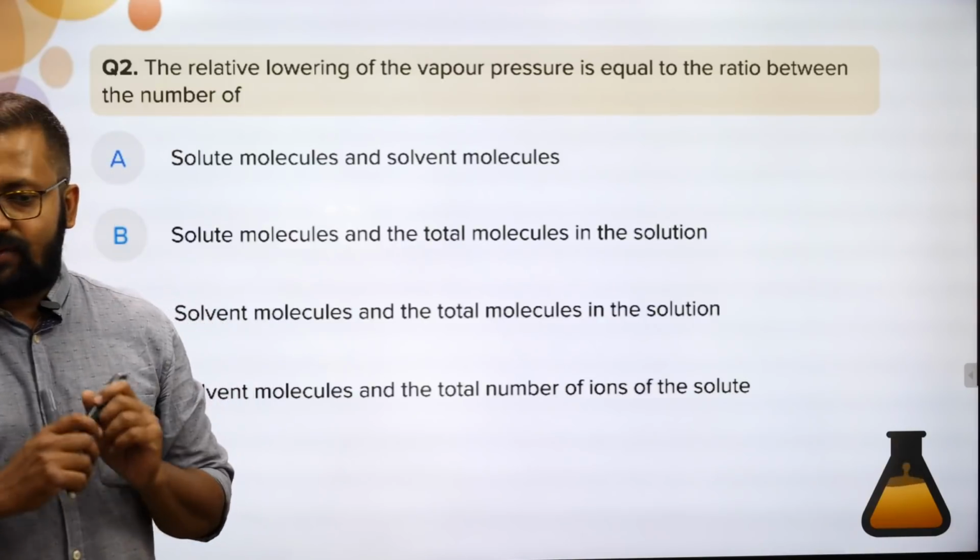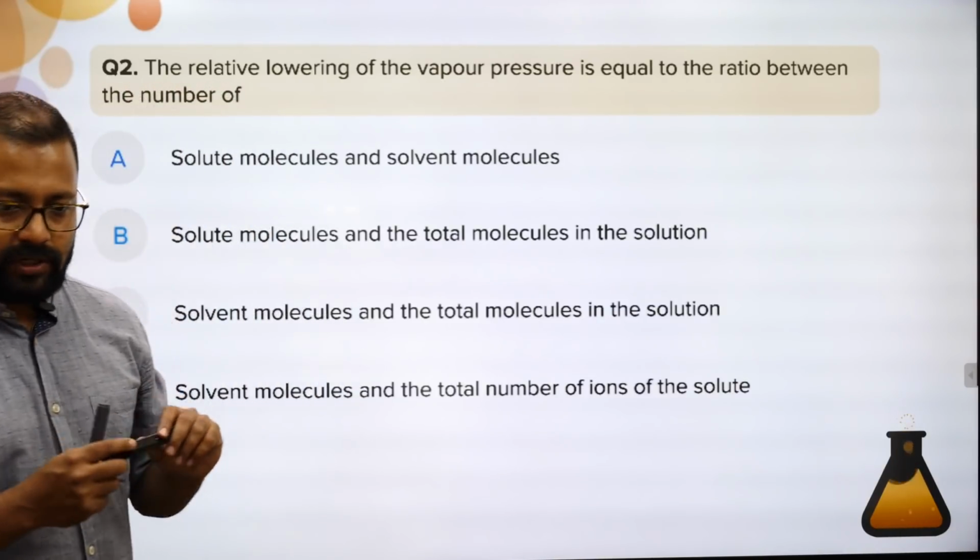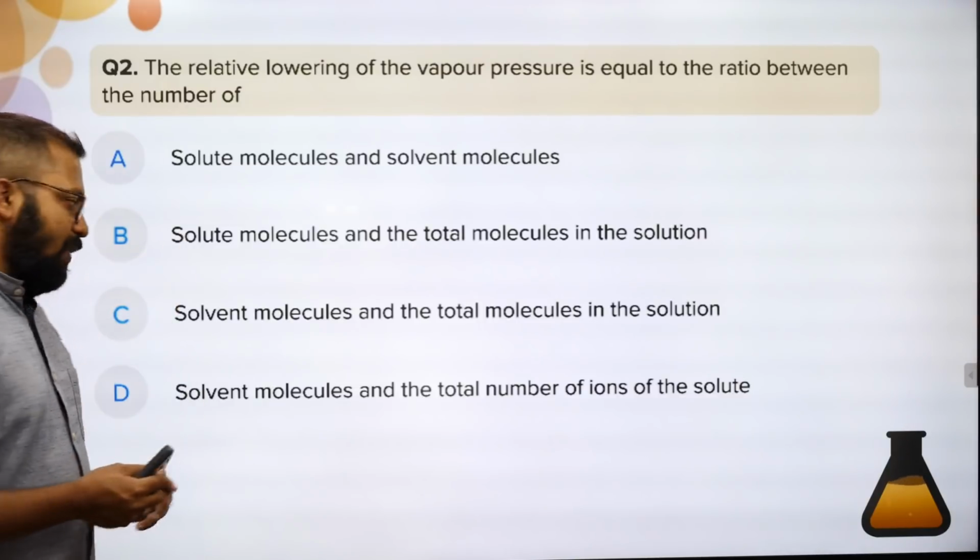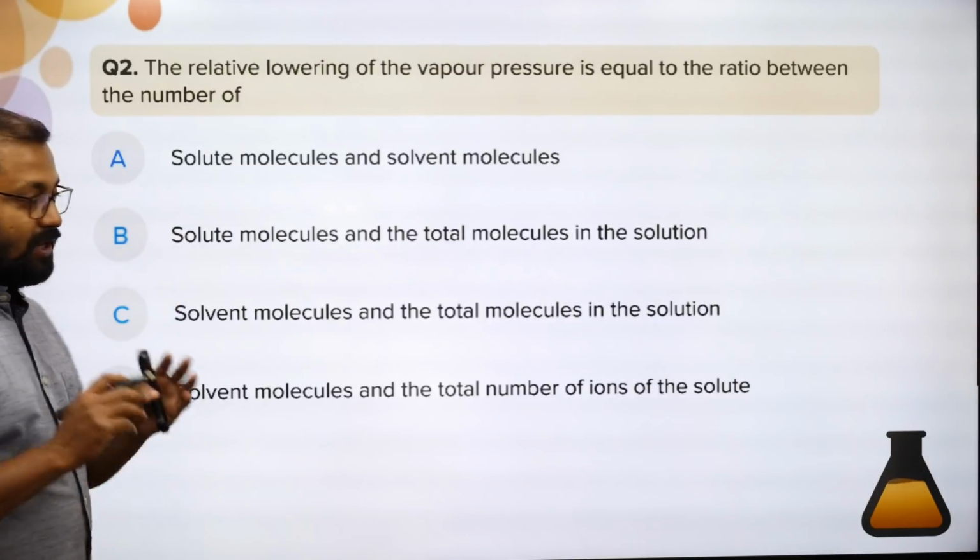Please read the options and tell me what would be the right answer. A lot of people have given the right answer. The right answer to this question is B.